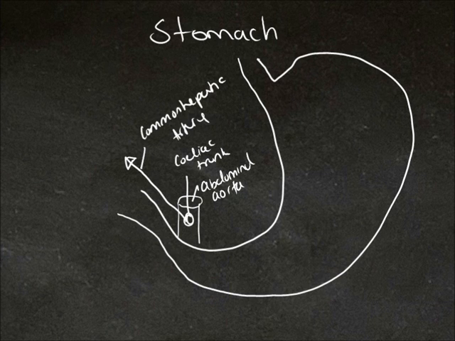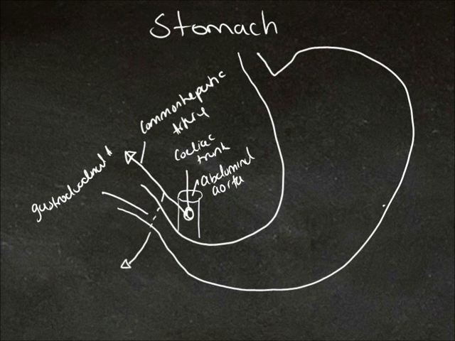Coming off the common hepatic artery, you have the gastroduodenal artery. Branching off the gastroduodenal artery, we have the right gastroepiploic artery.